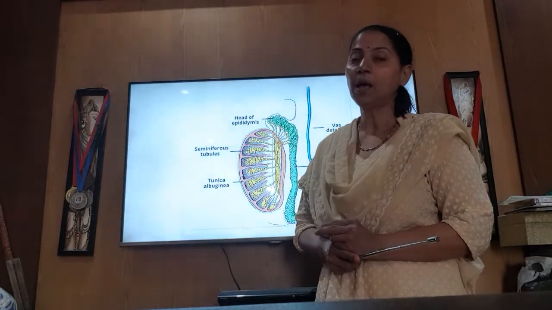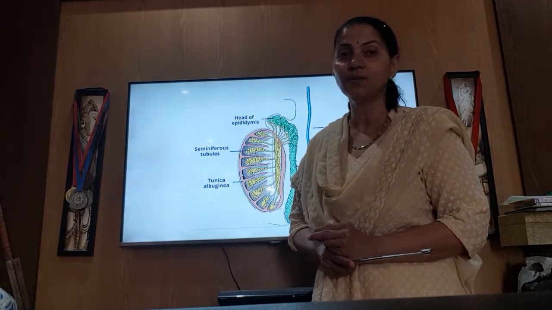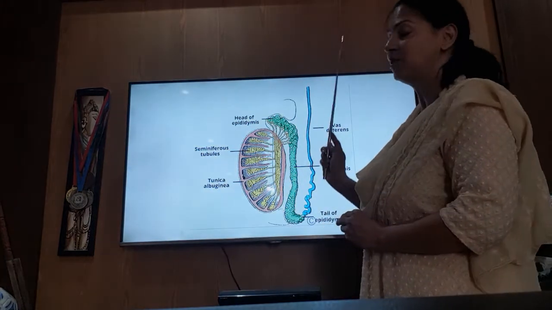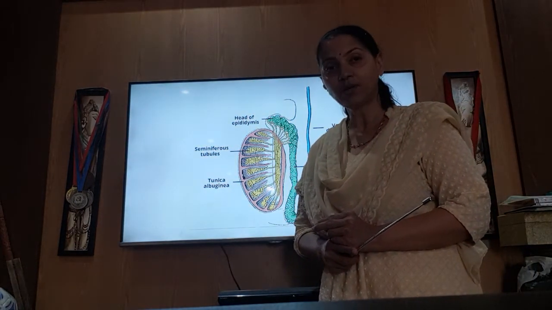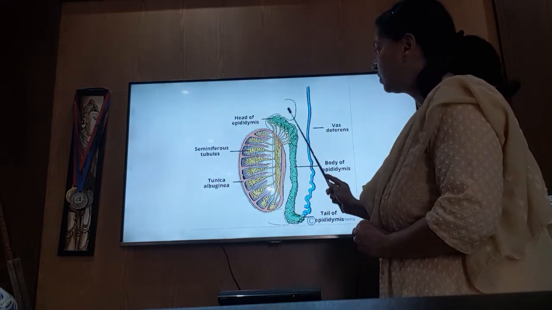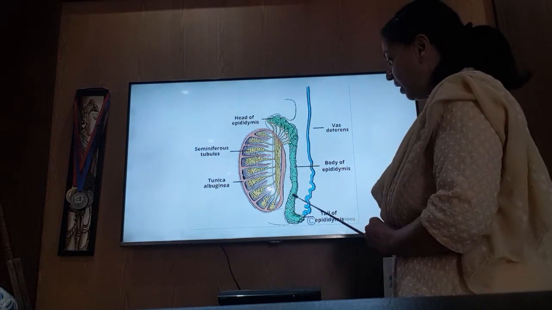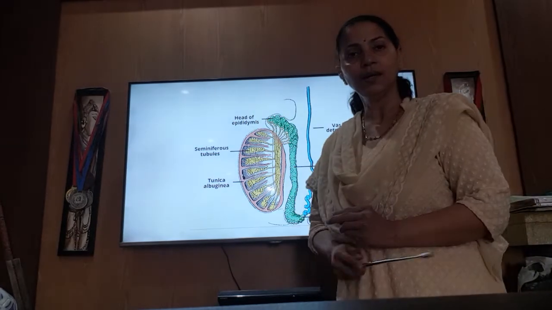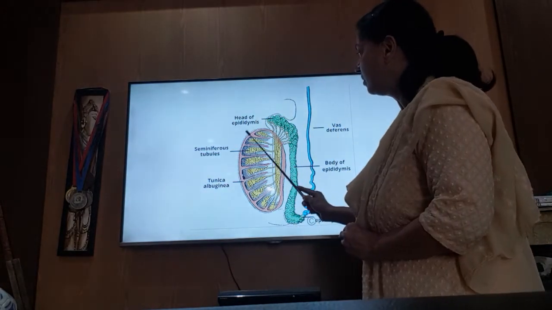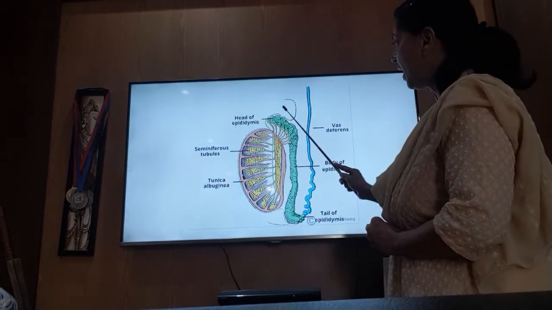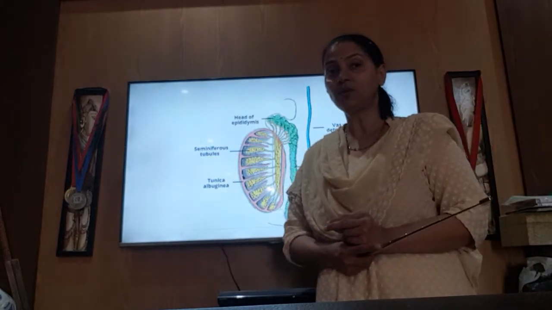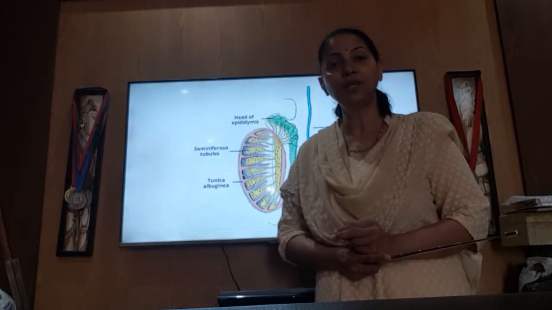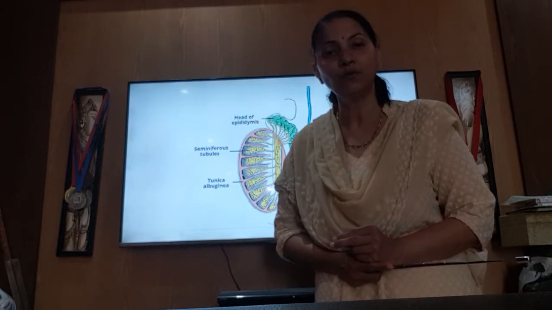Then the veins, the pampiniform plexus of veins will be there in that spermatic cord. Next, lymphatics. What are the lymphatics? All the lymphatics which are draining the testis, they have to go inside, isn't it? The lymphatics from the testis, epididymis, all these organs are drained in pre-aortic and para-aortic lymph nodes.